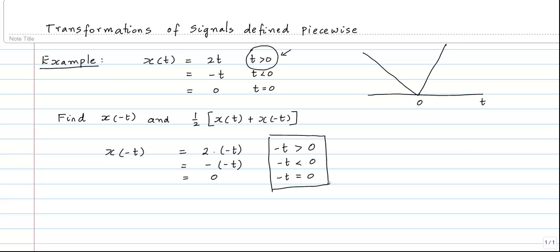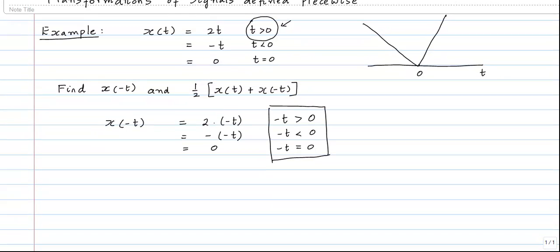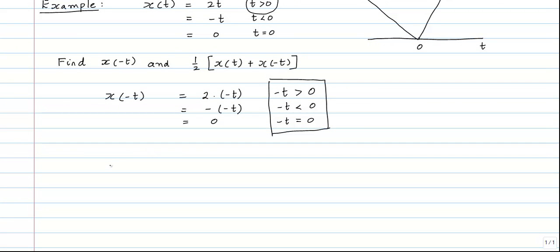So particularly, we could rewrite these and write x of negative t to be equal to negative 2t, if negative t is greater than 0, this inequality turns into t being less than 0. And this is equal to t for t being greater than 0, and it's equal to 0 for t equal to 0.